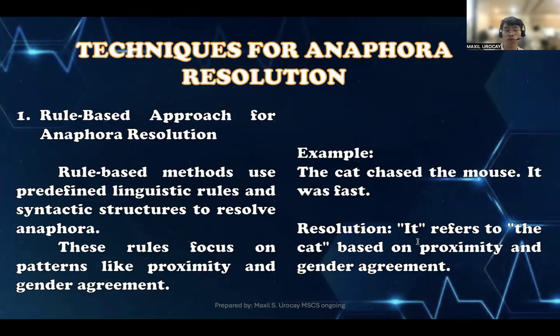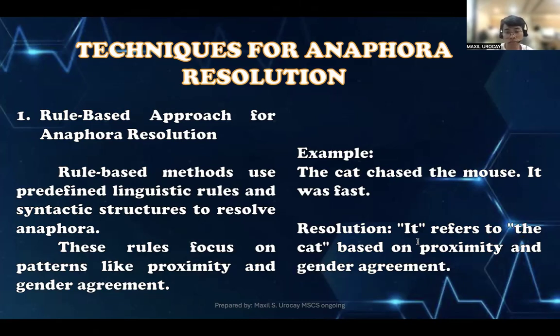So in our rule-based methods, there will be the Hobbs algorithm that we can also use, which analyzes the syntactic trees and tries to select the closest matching noun phrase to resolve the pronoun. They apply rules like proximity and gender agreement to determine the antecedent.